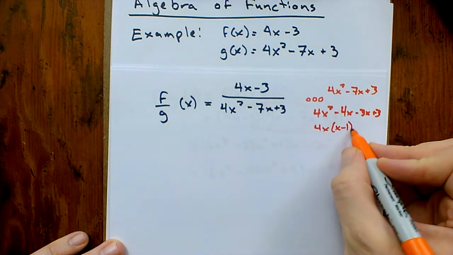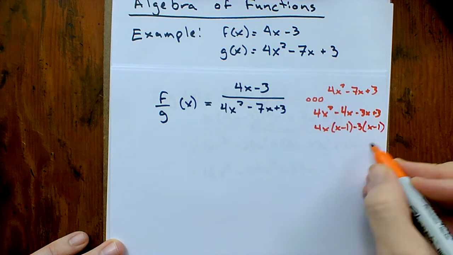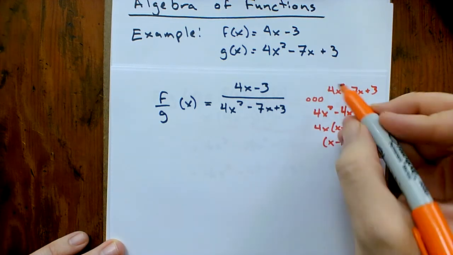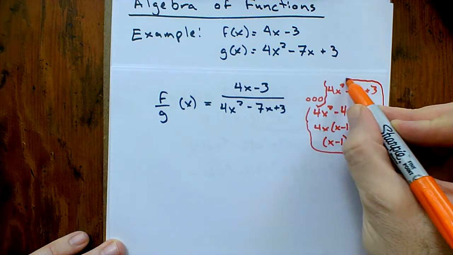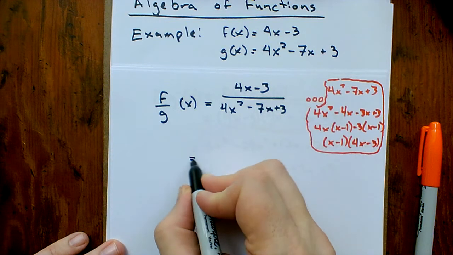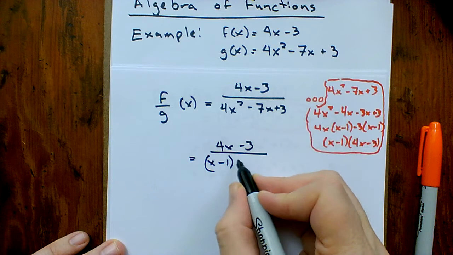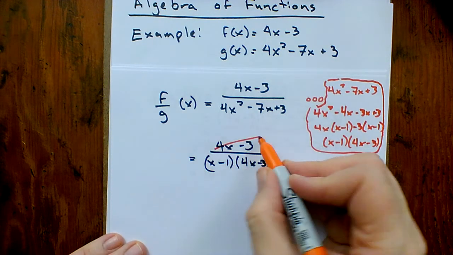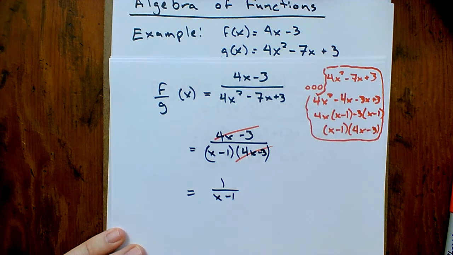That'll leave me with x minus 1. I can take a negative 3 out, leaving me with x minus 1. So I've got x minus 1 times 4x minus 3. So this is just my little thought bubble over here, my scratch work. So that means I can factor this. So I've got 4x minus 3 over x minus 1 times my 4x minus 3. And then I get to reduce. So here I've got 1 over x minus 1.